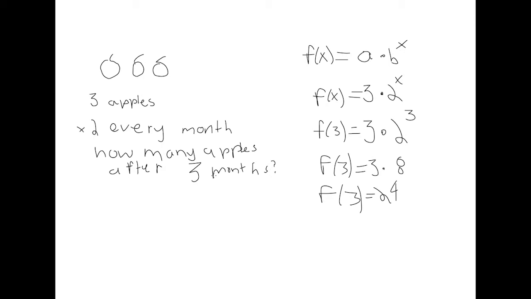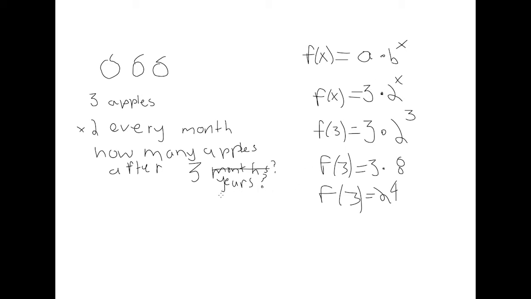Okay, now what if we wanted to know, instead of 3 months, how about 3 years? Okay? Now this is a little bit more tricky because instead of months, now we have years. And we know that it's times 2 every month, not times 2 every year. So we cannot directly plug in 3 into x, right?